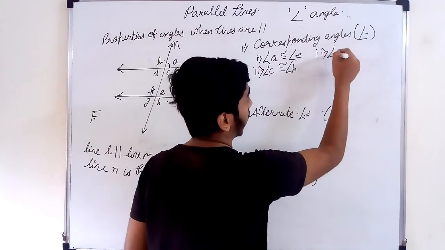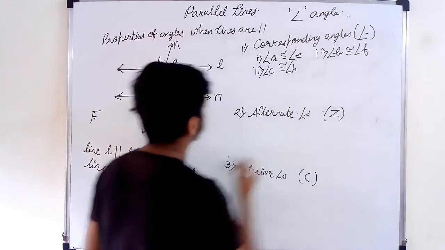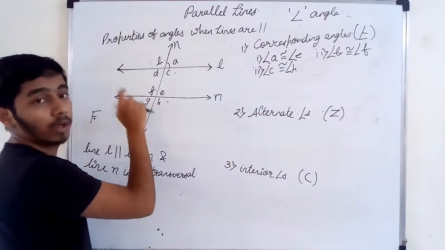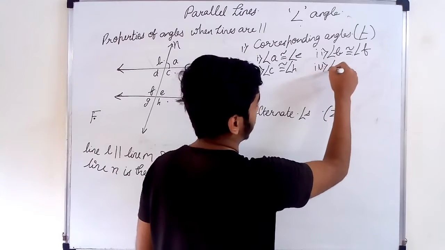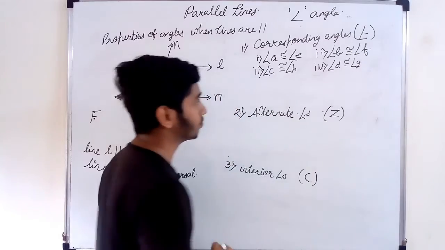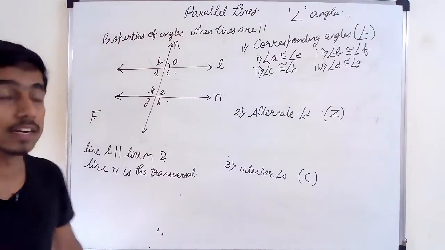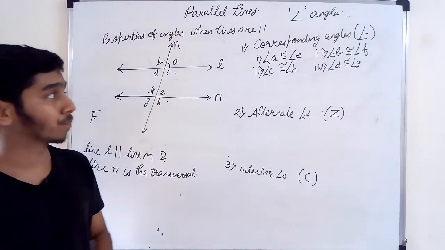So I'll write it: angle B is congruent to angle F, angle D is congruent to angle G. Okay, so that is corresponding angles. I hope you've understood this.